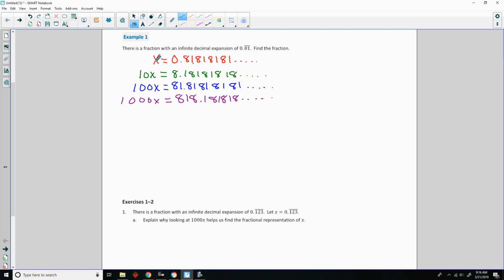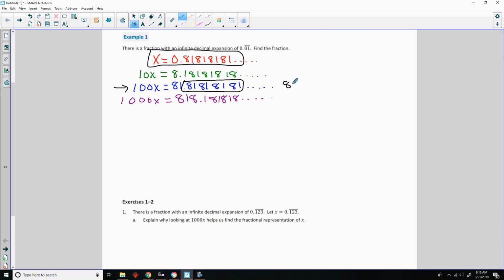Okay, but if you notice, x is 0.8181. So let's focus on multiplying by 100. Isn't this 81 plus my x?